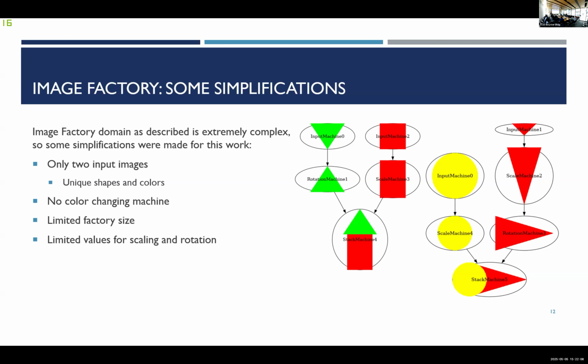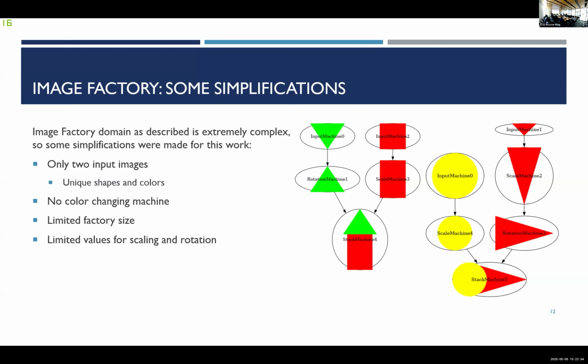So I made a few simplifications. For one thing, there are only two input images, and they're both unique colors and shapes. There's no color changing machine, and these two rules allow us to just segment the desired output by color so that you can see what two parts you need to manipulate and how they match up. It's also limited factory size, and there's a discretized set of rotation and scaling operations that it can do. Again, just to reduce the search space.